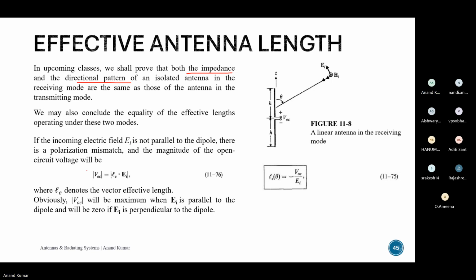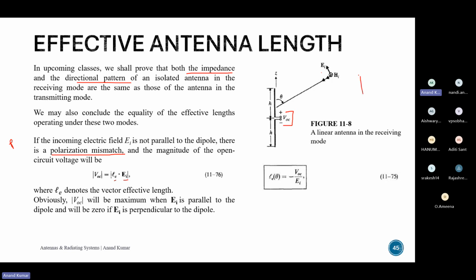There is another term called polarization mismatch. The effective length is one term, and there is the electric field. The voltage which appears at this terminal depends upon the orientation of this electric field.